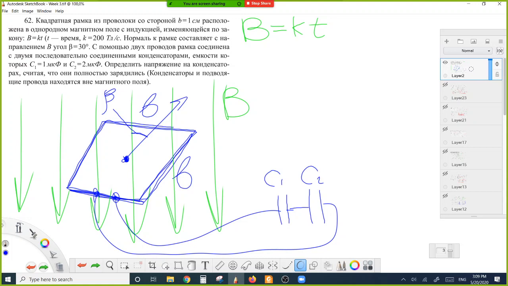So we need to find the voltage drop across capacitors, V1 and V2. First of all, what do we do? First of all, we need to find the electromotive force due to the change of magnetic flux through our contour, through our loop.